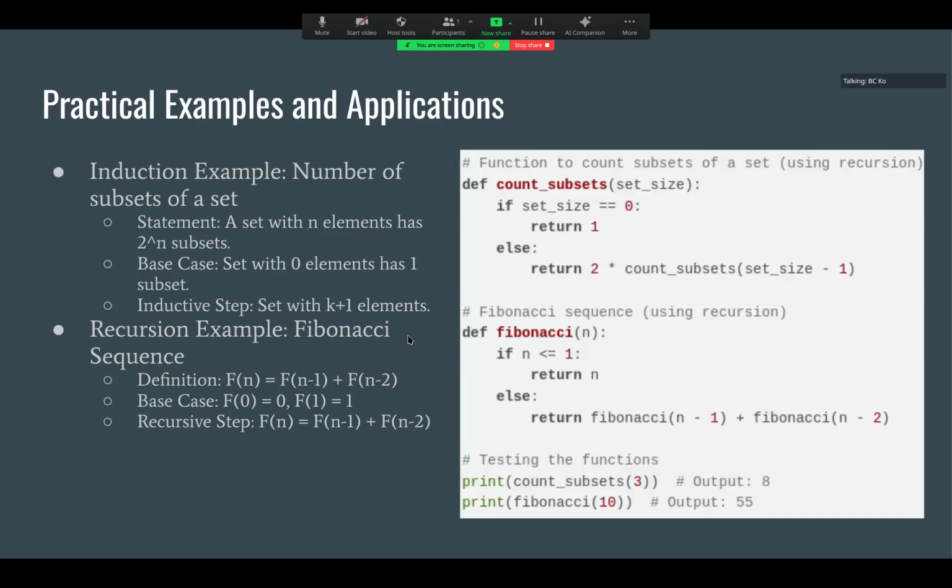Practical examples and applications. Let's take a look at practical examples and applications of both induction and recursion. For induction, we have the statement of proving that a set with n elements has 2 to the n subsets. For this statement, the base case is that a set with 0 elements has exactly one subset, the empty set.